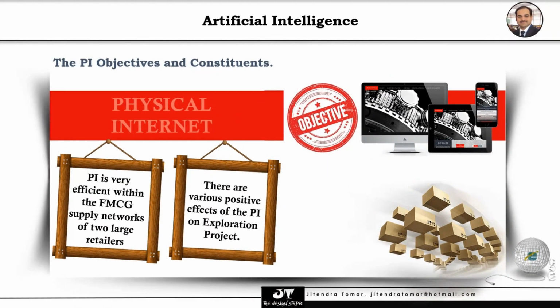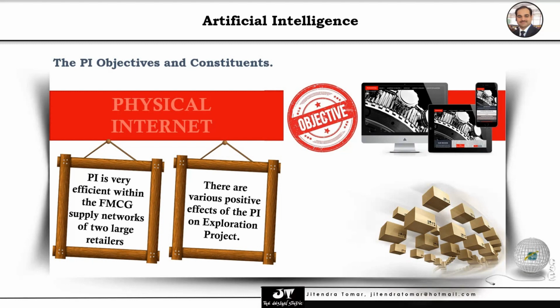The simulated models use data representing the flow of goods from the fast-moving consumer goods, that's FMCG, industry in France, to test various transportation protocols and scenarios. The simulations concluded that the PI is very efficient within the FMCG supply networks of large retailers. It reported positive effects on greenhouse gas emission, cost, lead time, and travel delivery time.